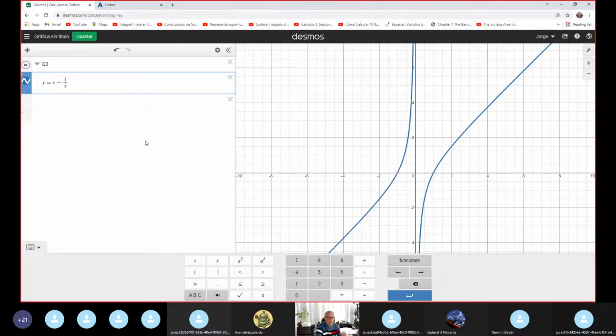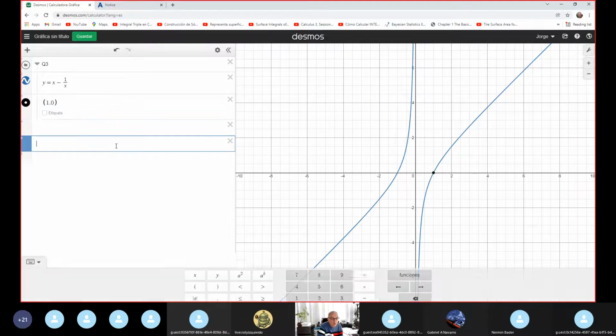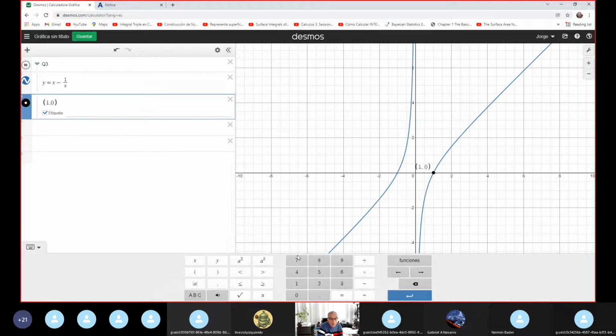Well, this is our graph, but I need to complement this graph. How? For example, we plot the points. The x-intercept, remember, was (1, 0), and black color. The points are always in black color, with the corresponding label. Another point was (-1, 0).